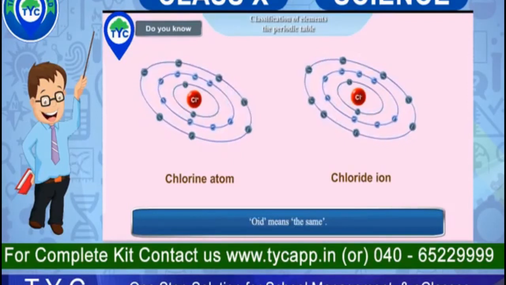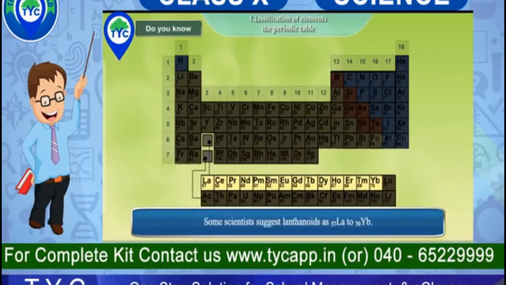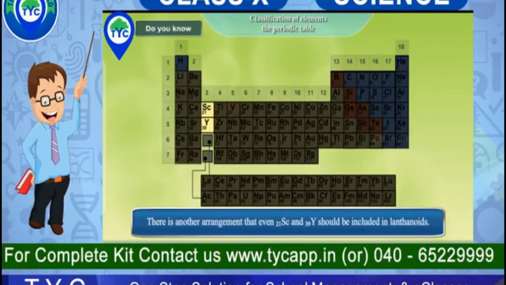OID means the same. Some scientists suggest lanthanoids as 57 La to 70 Yb. Some suggest them as 58 Ce to 71 Lu, and some take 57 La to 71 Lu. There is another arrangement that even 21 Sc and 39 Y should be included in lanthanoids.